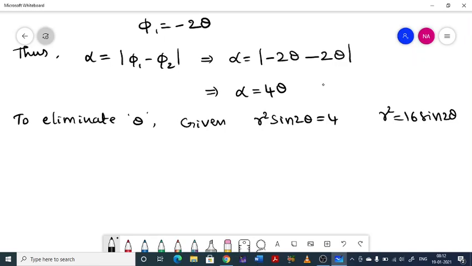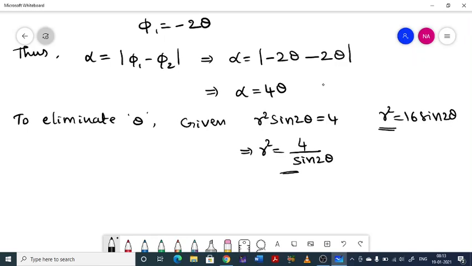So from this we can write r square equal to 4 by sin 2 theta, and from this r square equal to 16 sin 2 theta.